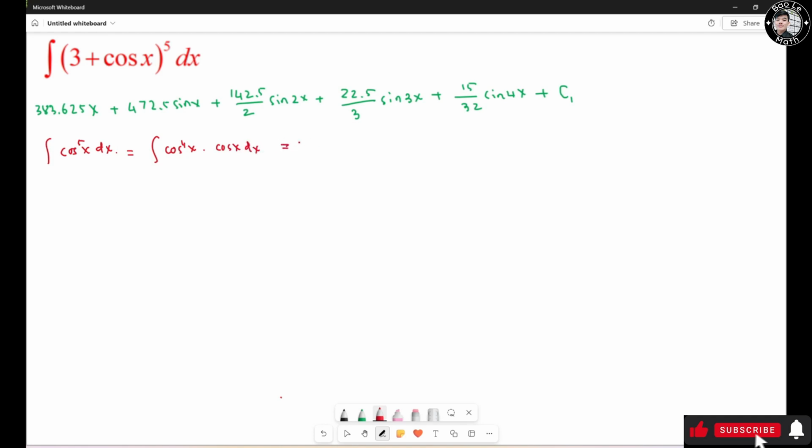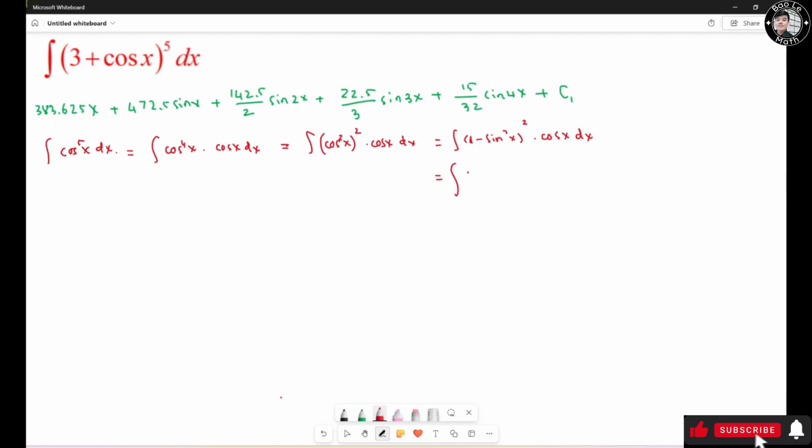So this guy is cosine square of s all together squared times cosine of s ds, right? Now cosine square of s can be written as 1 minus sine square of s, all together squared times cosine s ds.